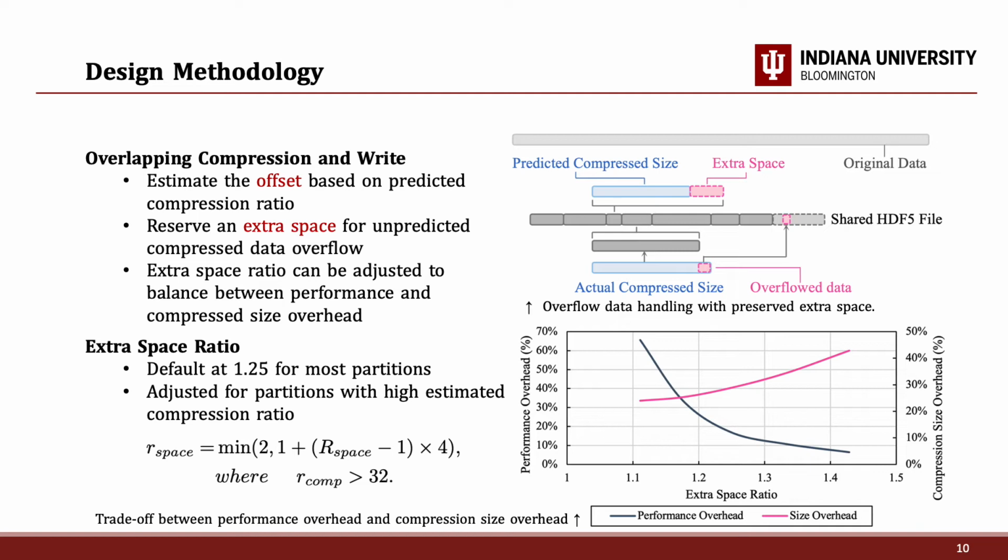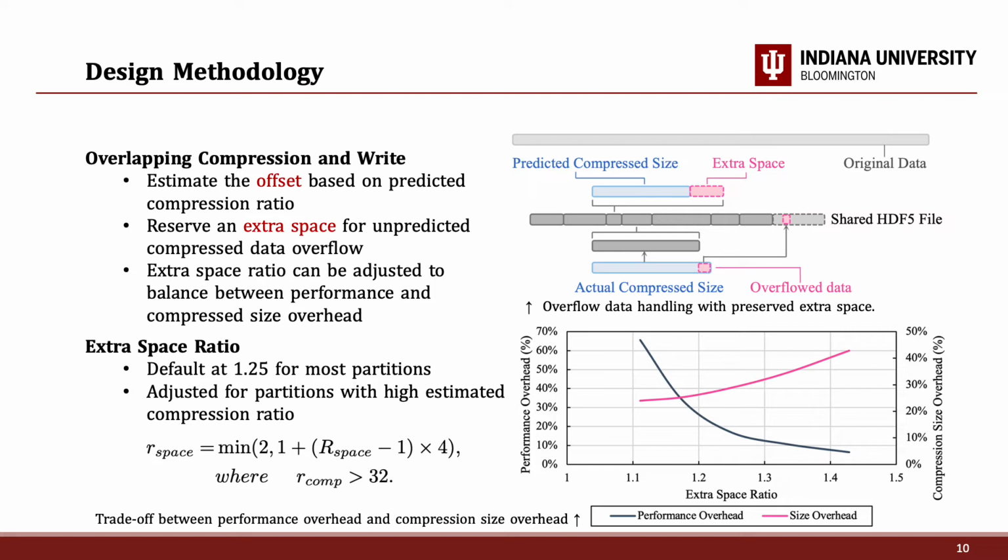Using this information, we can overlap the compression with write. First of all, we estimate the offset based on the predicted compression ratio. Note that this predicted compression ratio is not 100% accurate compared to the actual compressed size. The actual compressed size can sometimes be larger, sometimes smaller than the predicted value.